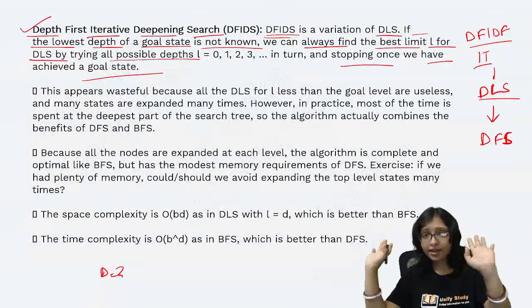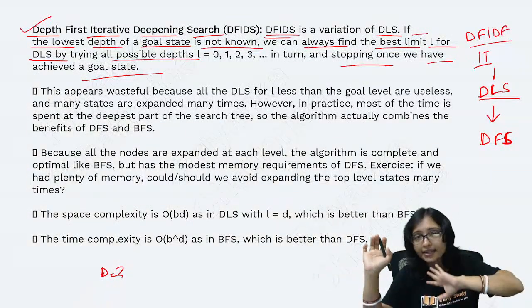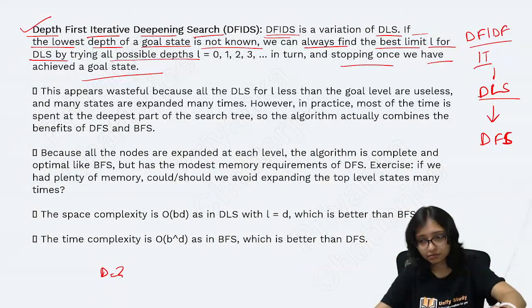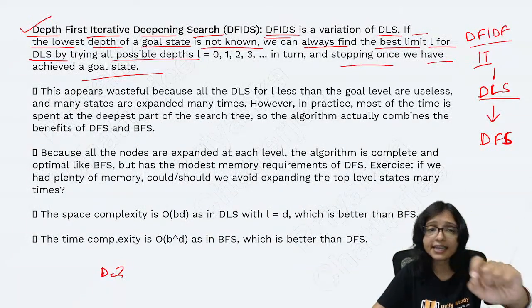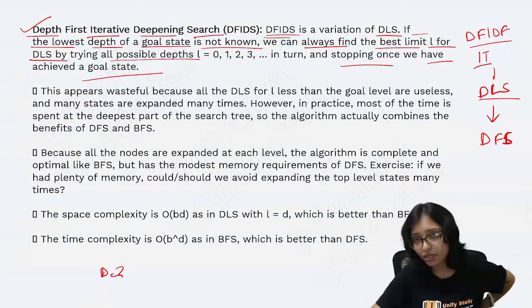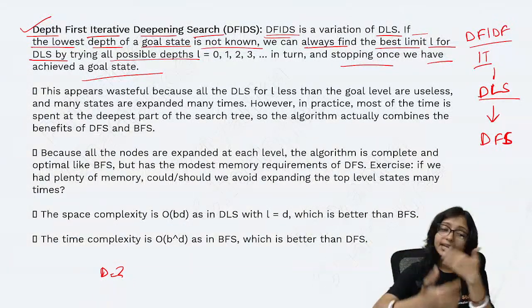So what will be the advantage? Unnecessarily you are not going till the end. You go only as deep as required. If you fix the depth statically, there is a chance you will not get the goal node at that depth. That's why I am adding an iteration.